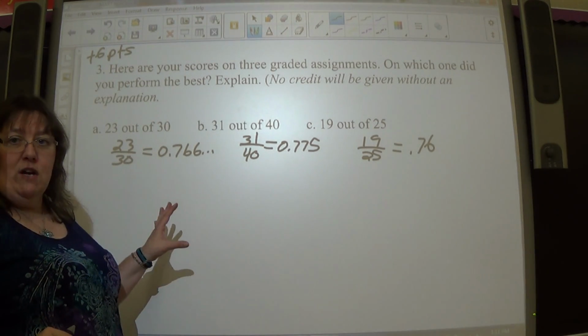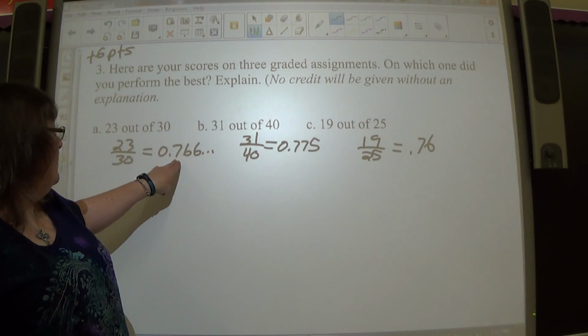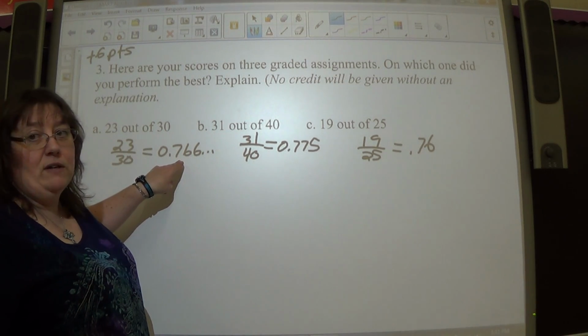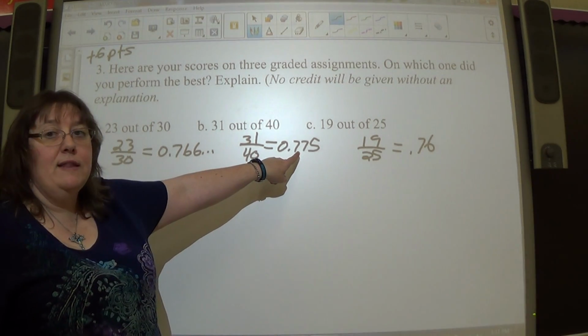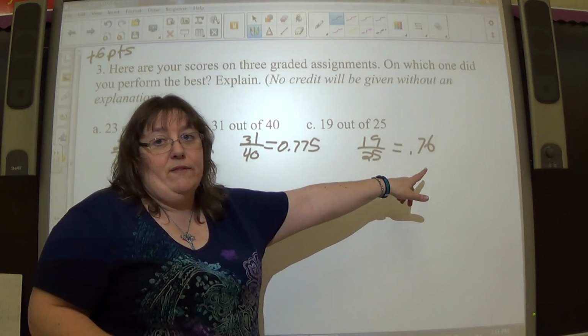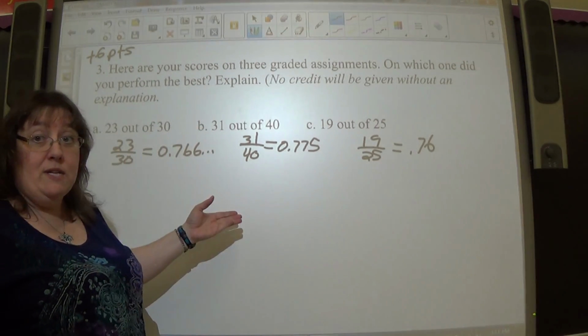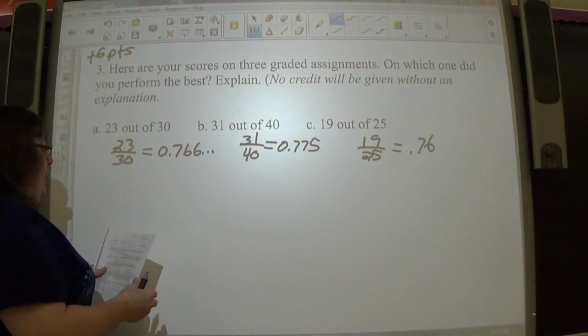Think of this in terms of money, okay? If I round here, that's 77, okay? If I round here, that's 78, and this is just 76. So, which one's higher? B, okay?